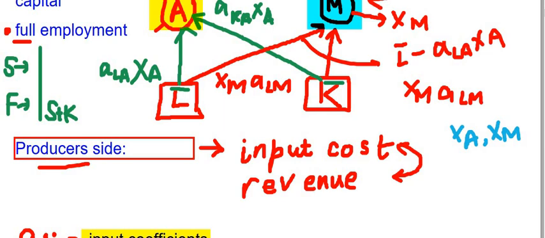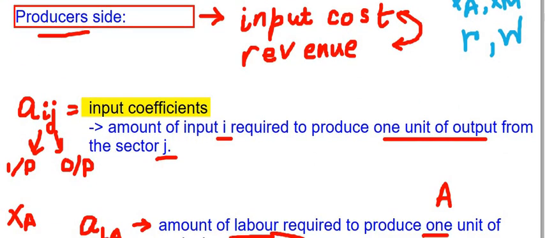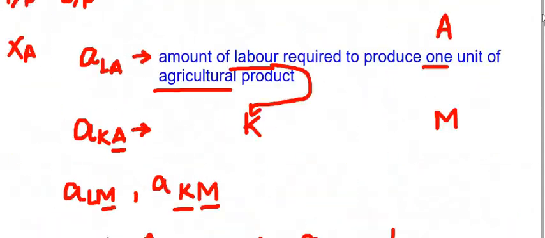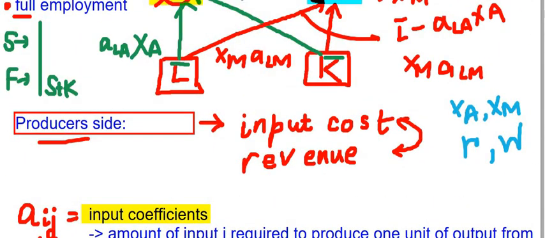We also have the two factor prices, R and W, to be determined endogenously from within the system. So there are four unknown variables, and as you can recall, in the Jones 1965 model there were four equations.